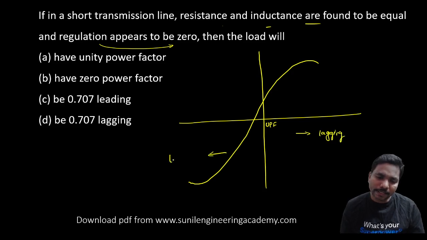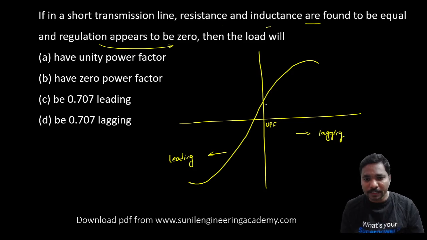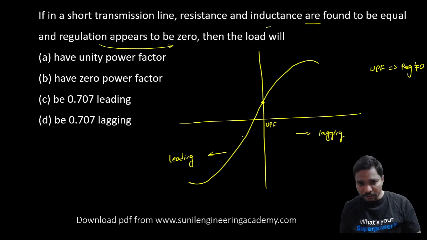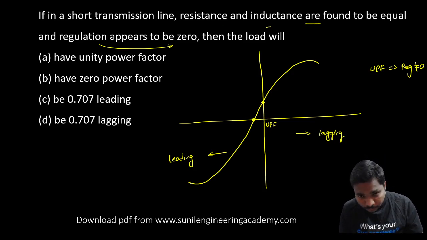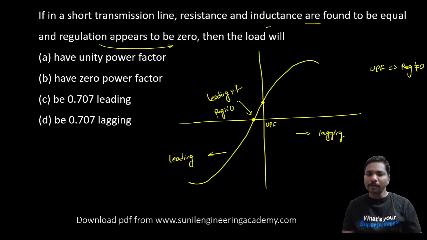Here we can say leading power factor. At unity power factor also, the regulation is not zero. Where is it zero? Here. That means at a leading power factor, we can get minimum or zero regulation.